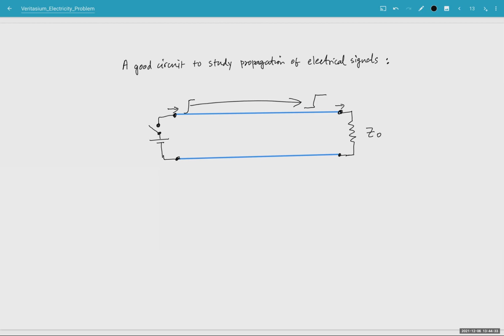And if this was, let's say, half a second or 150 million meters, within half a second, that voltage waveform and also current waveform will reach here. In other words, after this switch is closed, within half a second, you will see electron movement in this resistor right here.